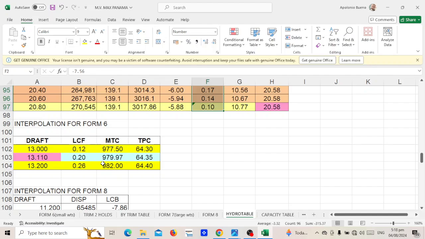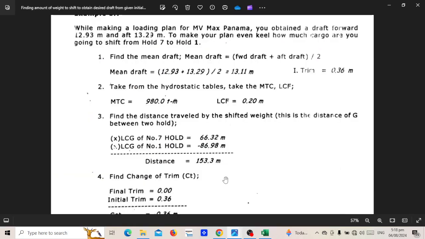What is MTC? 979.97, just rounded up here.